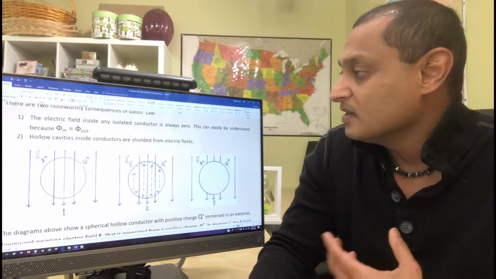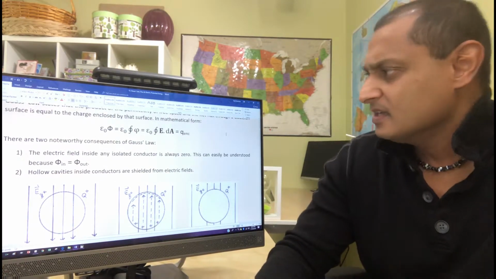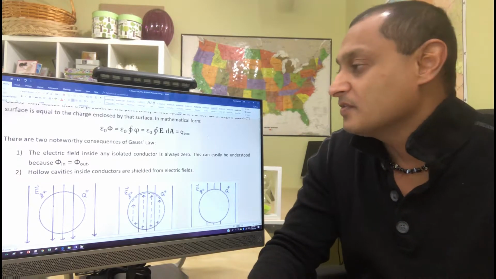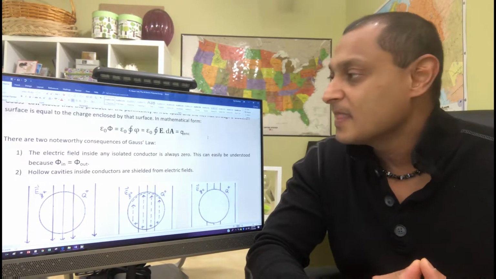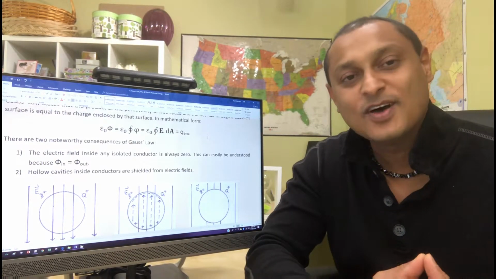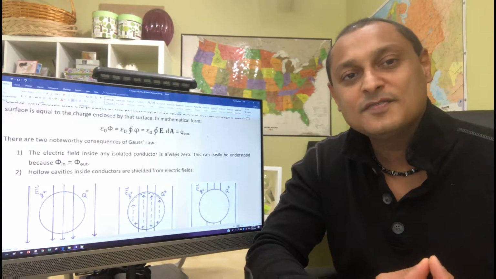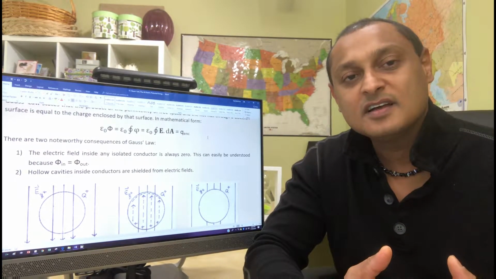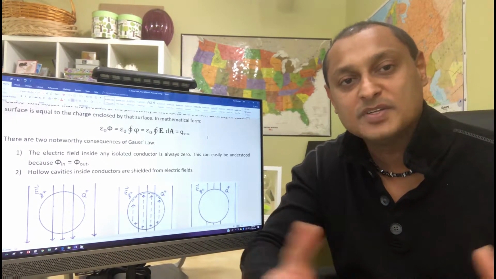Now, one of the more useful things, and this is the equation, is Gauss's law for electric fields. It's related to epsilon. Epsilon naught is the permittivity of free space. It's a measure of the influence on electric fields going through space or a particular medium.